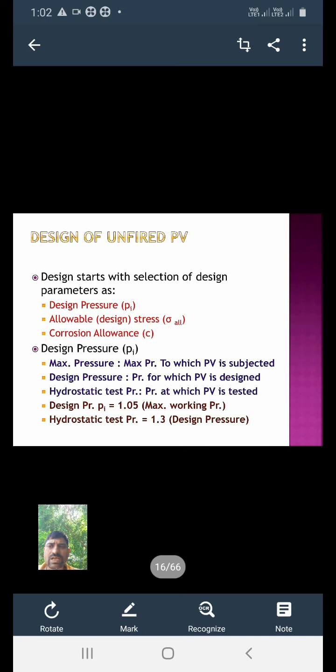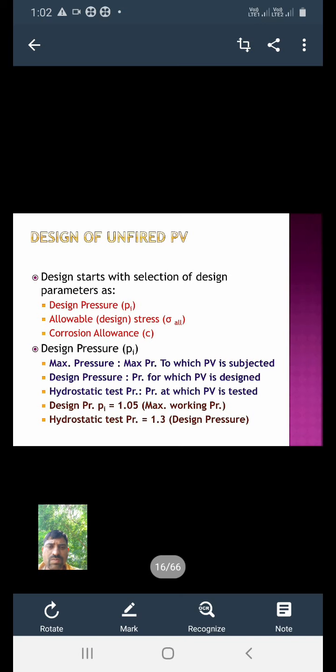Next is the selection of the design parameters of the unfired pressure vessel. The design of the unfired pressure vessel begins with the selection of the design parameters. Which parameters will we consider?